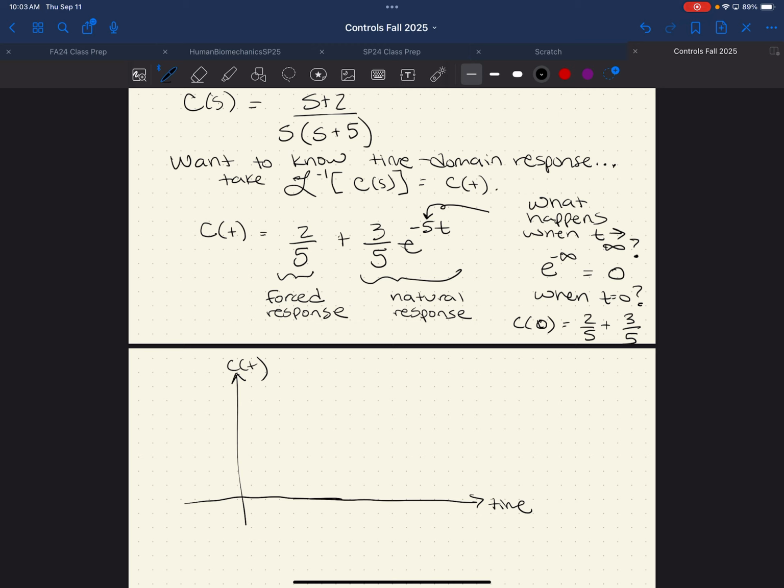All right. So we start out at some value up here of 2/5 plus 3/5, which is 1. I start out here, and then I decay over time exponentially, but I never go back to 0. I end up at 2/5. So my response looks something like this.